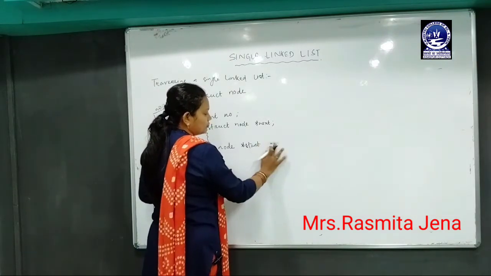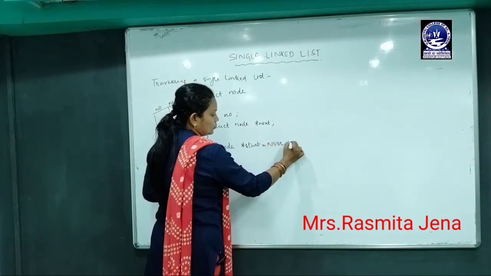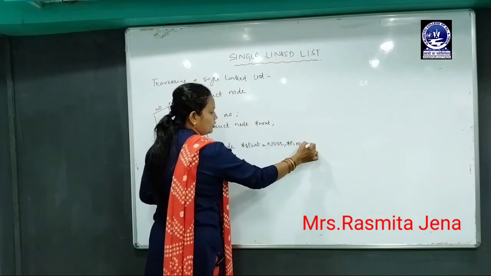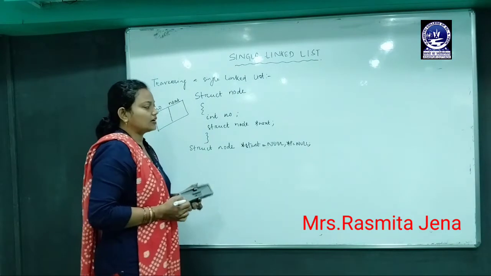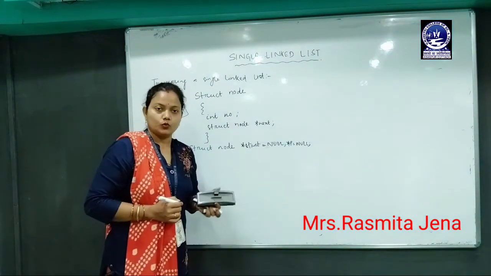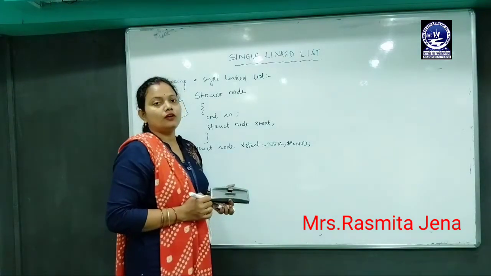Initially these two variables contain null values. Here the start variable is used to hold the address of the starting node, and p is another pointer variable which is also used to hold the address of a node. Okay, let's see the function implementation of the linked list.